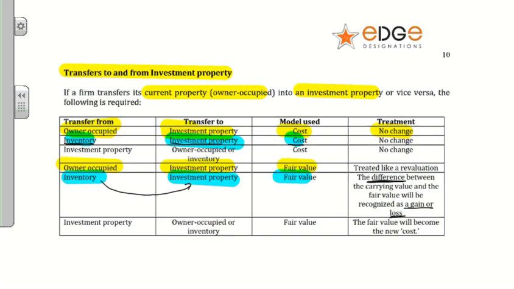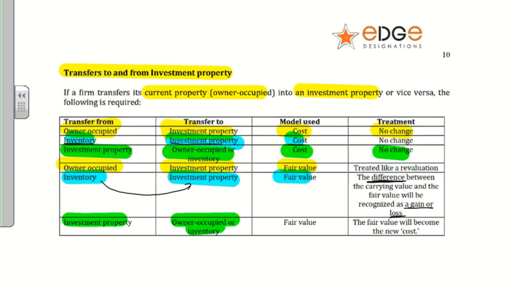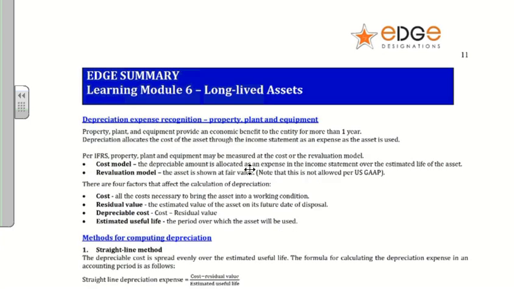And lastly, if you choose to go investment property to owner occupied and you choose the cost method, no change. But if you go investment property to owner occupied and you decide to use the fair value or the revaluation approach, then yes, the fair value now becomes my new cost.